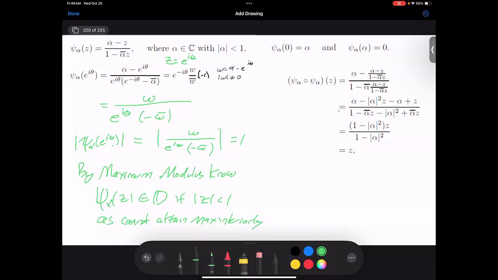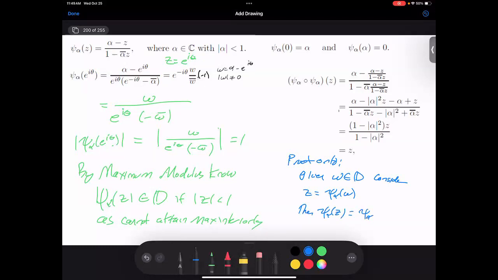Proof that it's onto: given w in D, consider z equals C alpha of w. Then what would C alpha of z be?